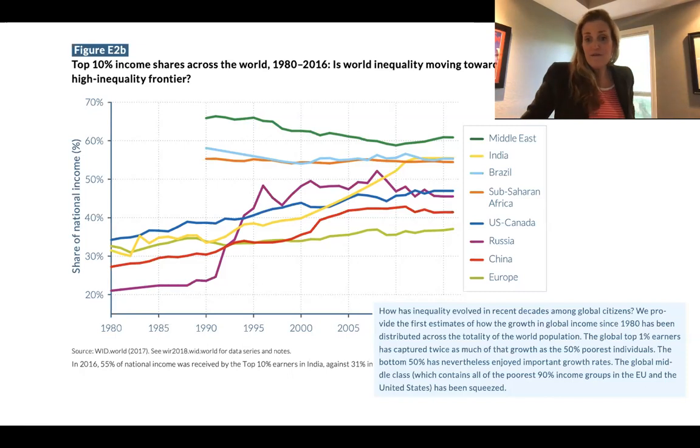The bottom 50% has enjoyed important growth rates. The global middle class, which contains all of the poorest 90 income groups in the EU and the United States, has been squeezed, okay?